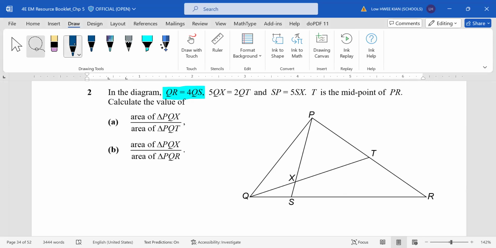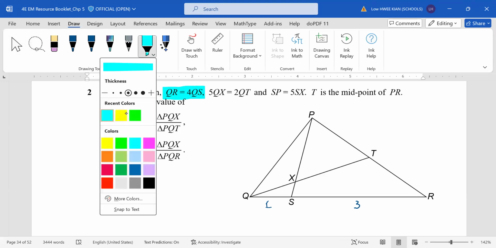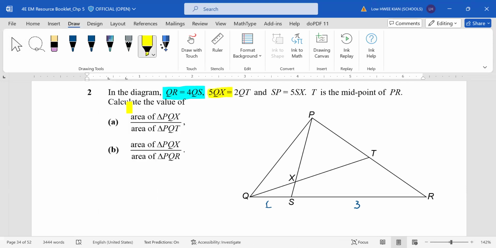So which means I know that QR is equal to 4 times QS. So that means QS is 1 unit. And if QS is equal to 1 unit, then QR will take up 4 units. Therefore SR is equal to 3 units. Yep. So now I move on to the next info. The next info that I have here is 5 times QX equals to 2 times QT.